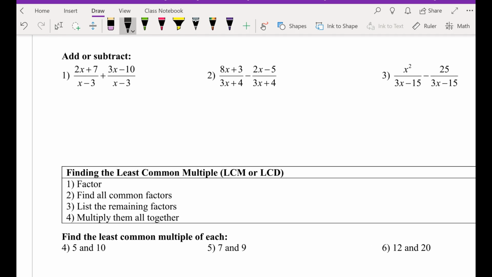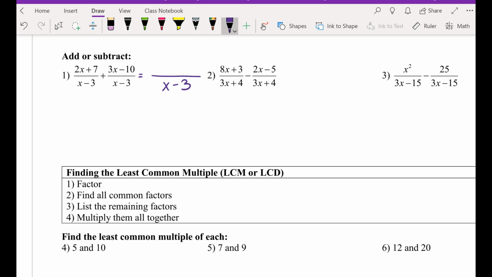First one is 2x plus 7 all over x minus 3, plus 3x minus 10 all over x minus 3. Check out the denominators. Are they already the same? So I'm going to rewrite the denominator. They are already the same. I don't have to find anything.